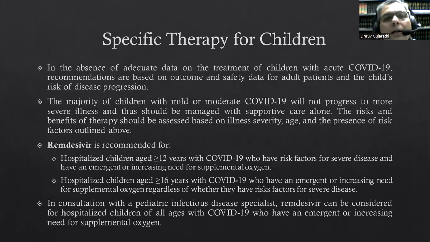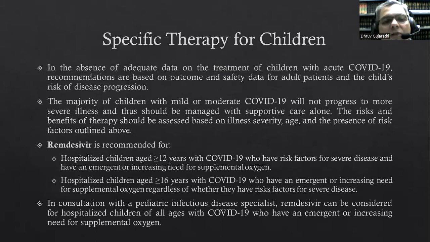Talking about specific treatment in children, in the absence of adequate data on treatment in children with acute COVID-19, recommendations are based on outcome and safety data in adult patients. We didn't have that much time to frame the COVID treatment protocols for children, and therefore all the protocols followed at present are based on observations in adults.